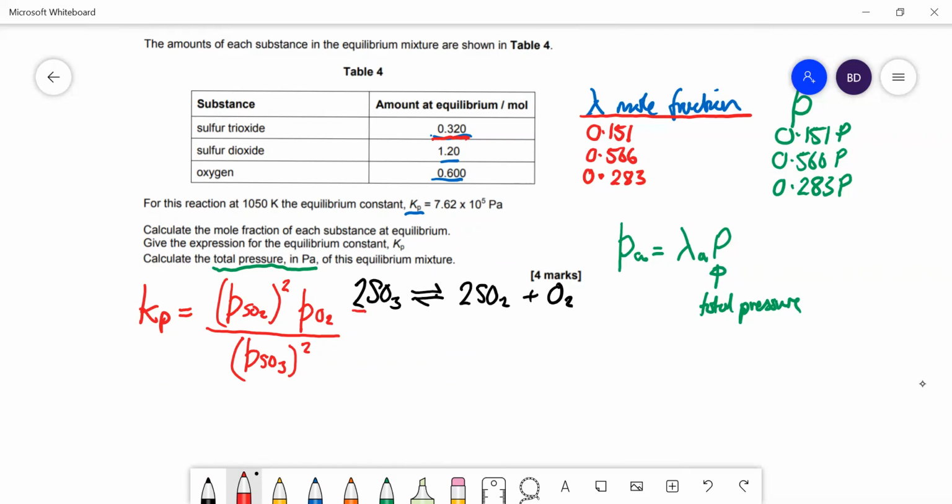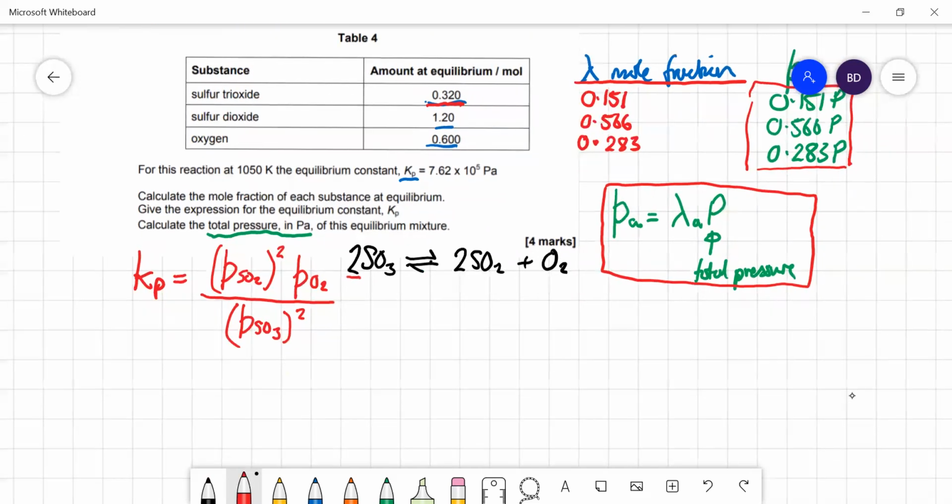Right, so now we can start putting in some values, because we want to find out. So the partial pressure of each thing is equal to the mole fraction multiplied by the total pressure, and so I'm going to put those values into our Kp expression. So let's do that.